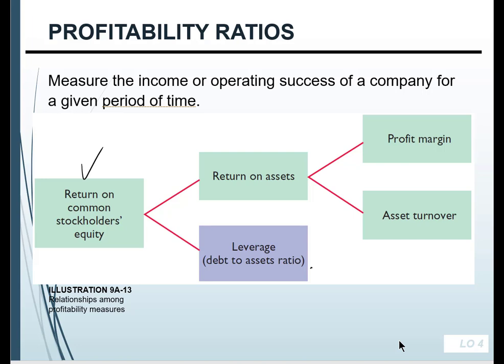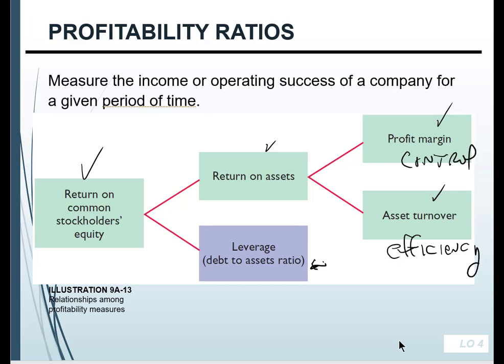It comes from the debt of the company, the debt to asset ratio, but it also comes from the return on assets. Where does return on assets come from? It comes from profit margin and asset turnover. This number measures efficiency, and this number measures control.